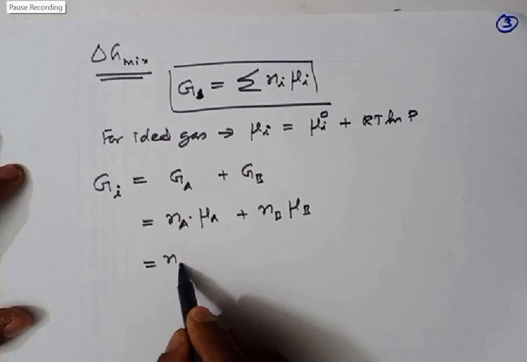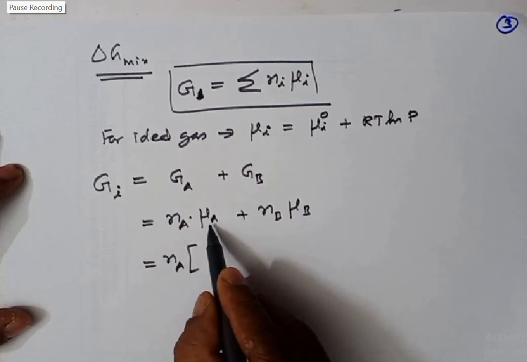Now keep the number of moles of A as such. What is the chemical potential of A for an ideal gas?